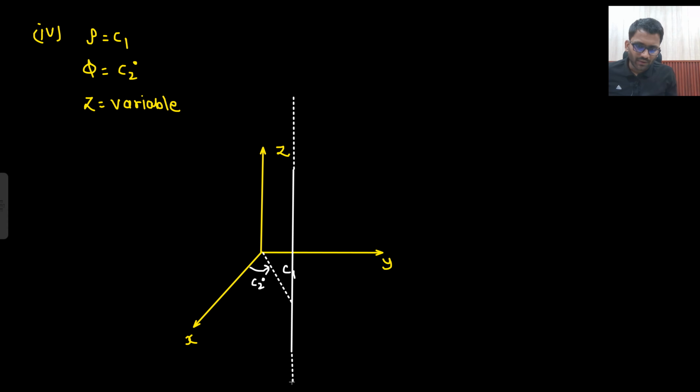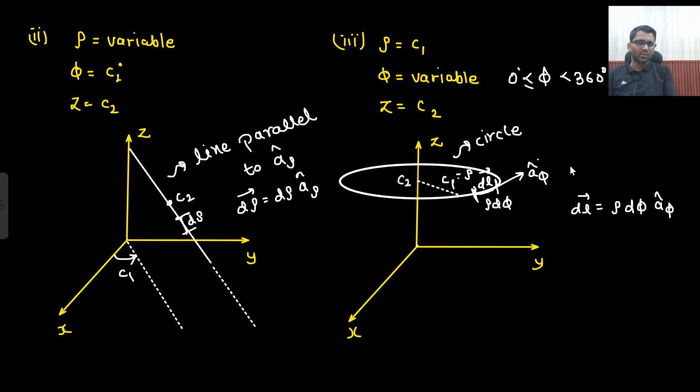Okay, if I take a small length here, what would that be? If I write it dz vector, that would be dz az cap. If this length is dz, that would be dz az cap, and I need to show the direction as well. This is the direction, dz az cap. It will be a line parallel to the z axis. So I will call it, the locus is a line. Here the locus is a line, here the locus is a circle, here the locus is also a line.